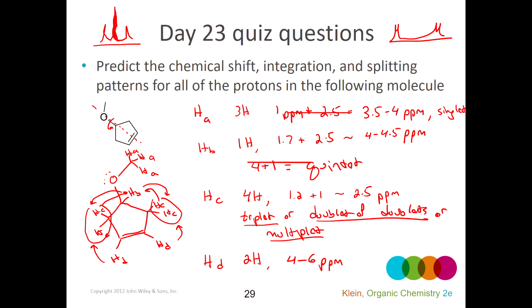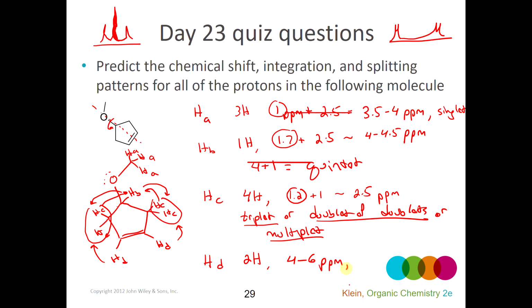So if it's directly connected to a double bond, I'm not starting with a CH or a CH2 or a CH3. I'm not using the method we talked about last time where I start with how many hydrogens are on the carbon and then start adding things. I just know if it's on a double bond, it's going to be between 4 and 6, and there's information about that to help you on your formula sheet, so you have to memorize it.